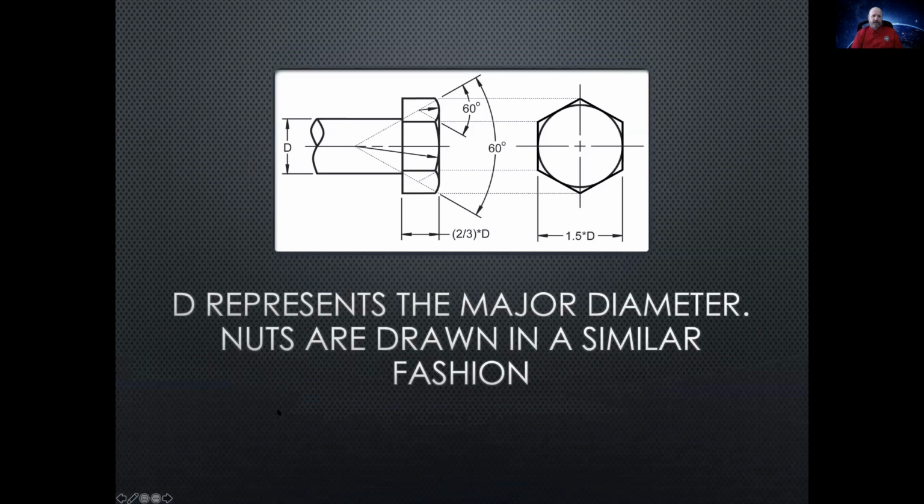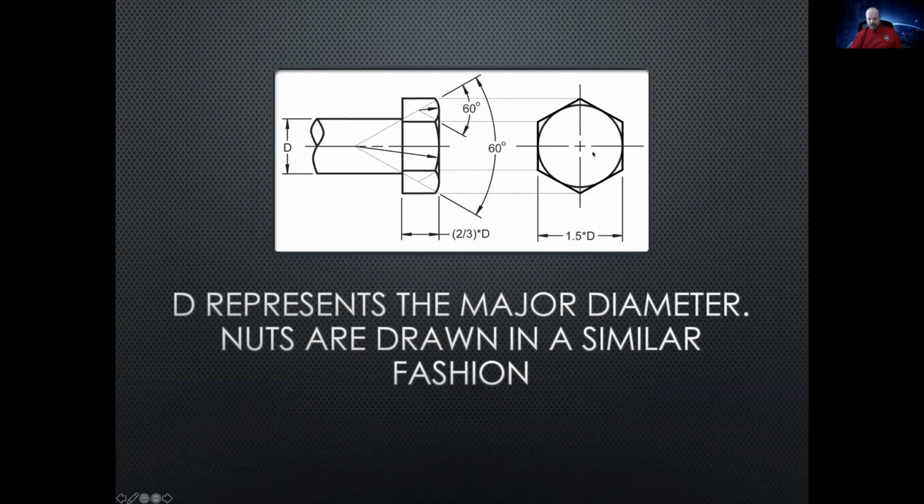So bolts are a little bit different, right? We've got to define the head of the bolt. We already know how to define the threads. So another thing you're going to have to learn to do if you're designing a lot of different parts that get assembled or machines that get assembled, you're going to have to define the bolt heads. So this is a hex bolt, right? There's 6 sides.